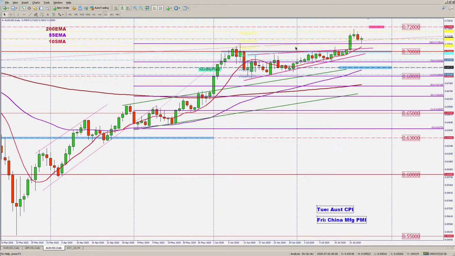It has come back to retest the swing high at the 0.7064 area. So this could then be a bounce from here to extend its bullish move.